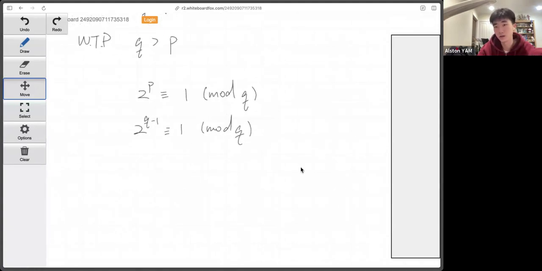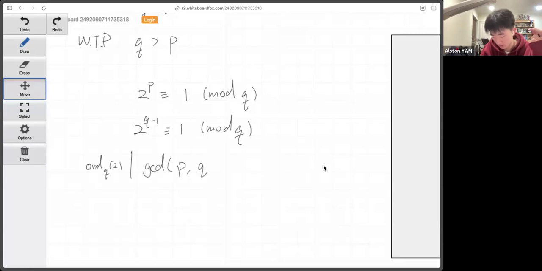From there onwards, you might be thinking, oh, we can use the strategy we had from the previous problem. We can do the order of 2 with respect to q divides the GCD of p and q minus 1. But from here on, you're kind of like, but I don't really know what to do next, right?